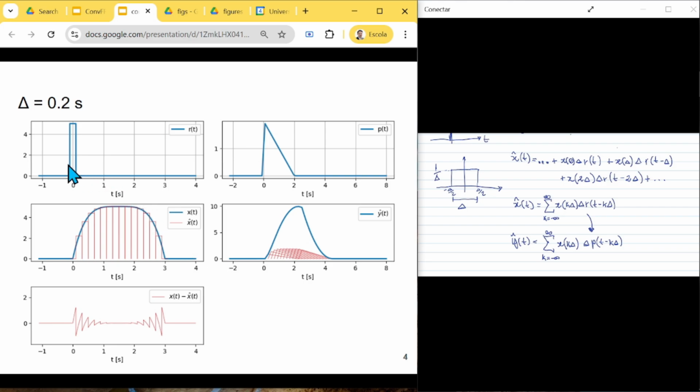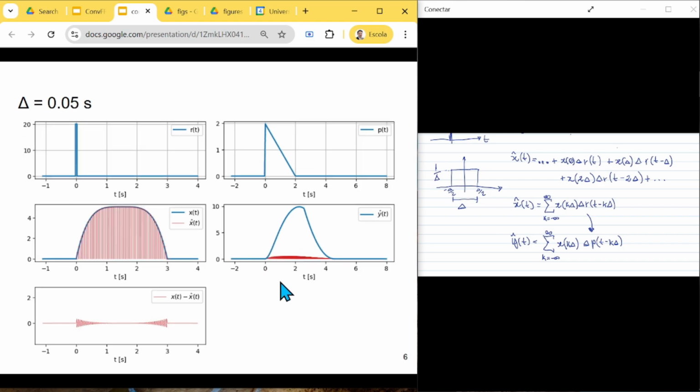If I have the output for this one, surely my estimate of the output for x of t will be more accurate, and you might expect that I'm going in the direction of delta approaching 0.